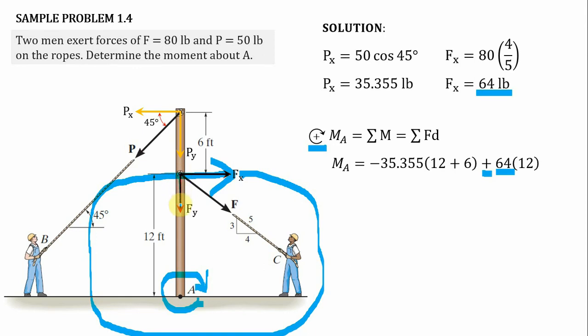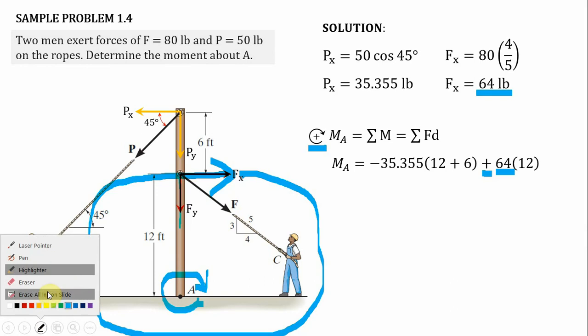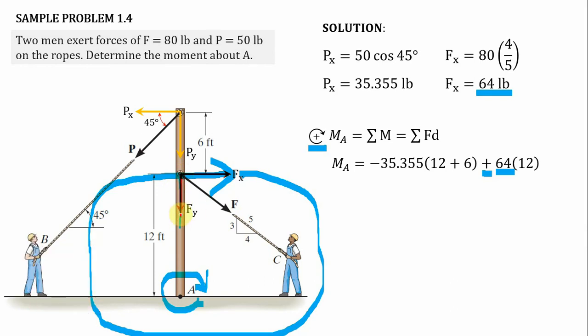This is the moment arm natin, from the moment center to the line of action of force Fx. What is this distance? That is 12.